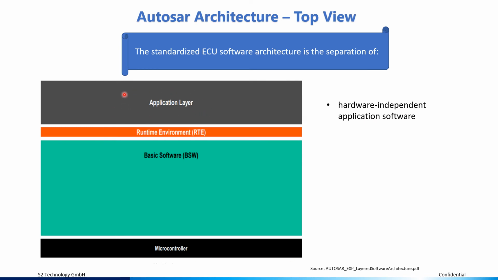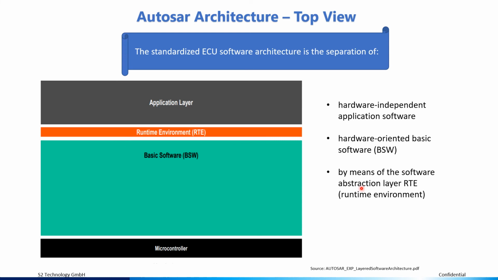So your application software is independent of the microcontroller layer, that is the hardware oriented basic software, and by means of a software abstraction layer, these two will be communicating through a layer called the runtime environment. So to conclude on this slide, we can say AUTOSAR consists of three layers: basic software, RTE, and the application layer.